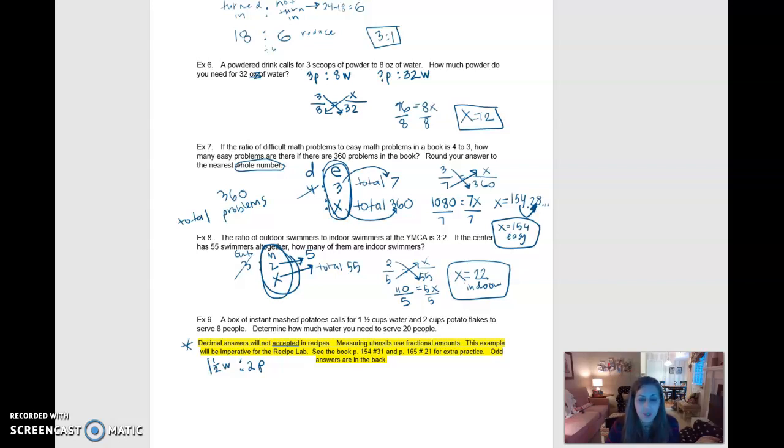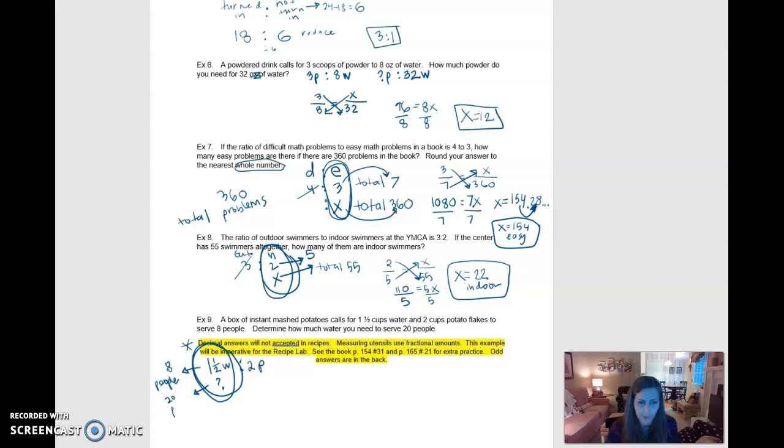So, determine how much water. This is all we really care about. We don't really care about that potato. That was there to trick us. 1 1/2 cups of water will serve 8 people. The question is, how much water would it take to serve 20 people?